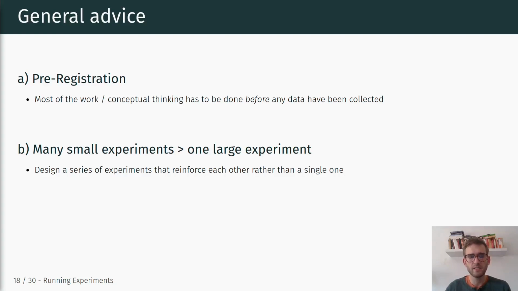So the piece of advice is not to try to design the perfect experiment that answers all questions that you have related to a topic, but rather think about it as several small experiments that each provide a little puzzle piece to tell the bigger story, right?